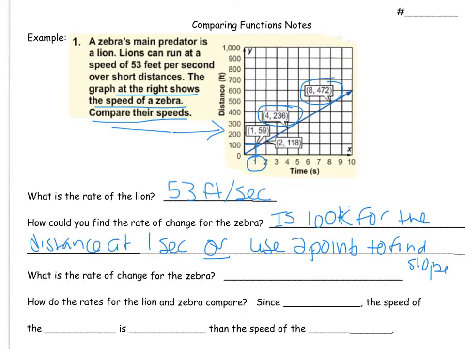So those are the 2 ways that you could find the rate from a graph. So what is the rate? 59 feet per second. So how do the rates for the lion and the zebra compare?